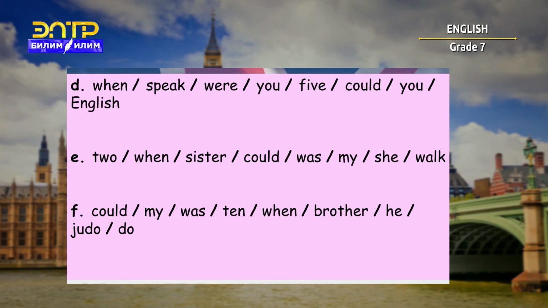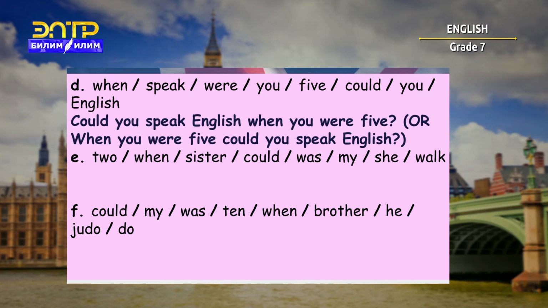Have you finished? Let's check your answers all together. Sentence D. The right answer here is: could you speak English when you were 5? Or when you were 5, could you speak English? The next sentence.